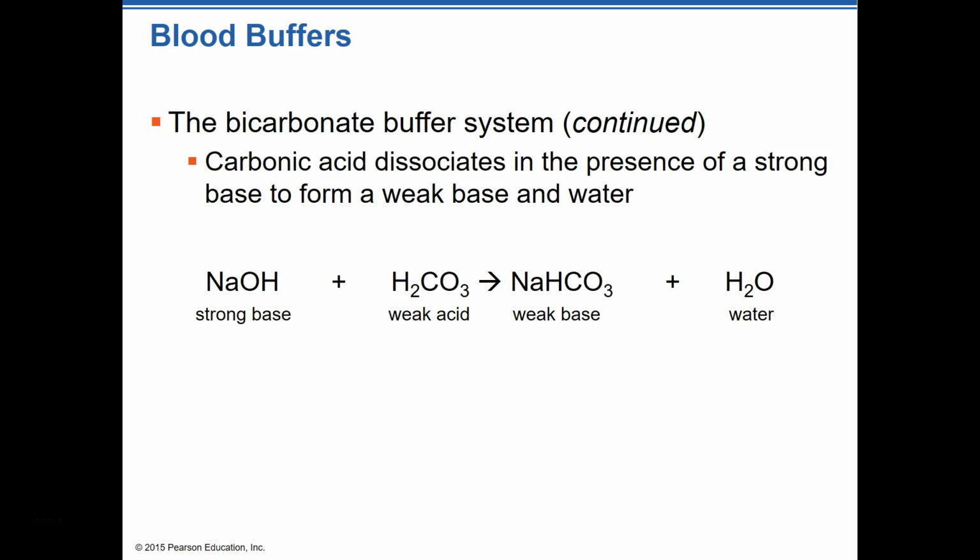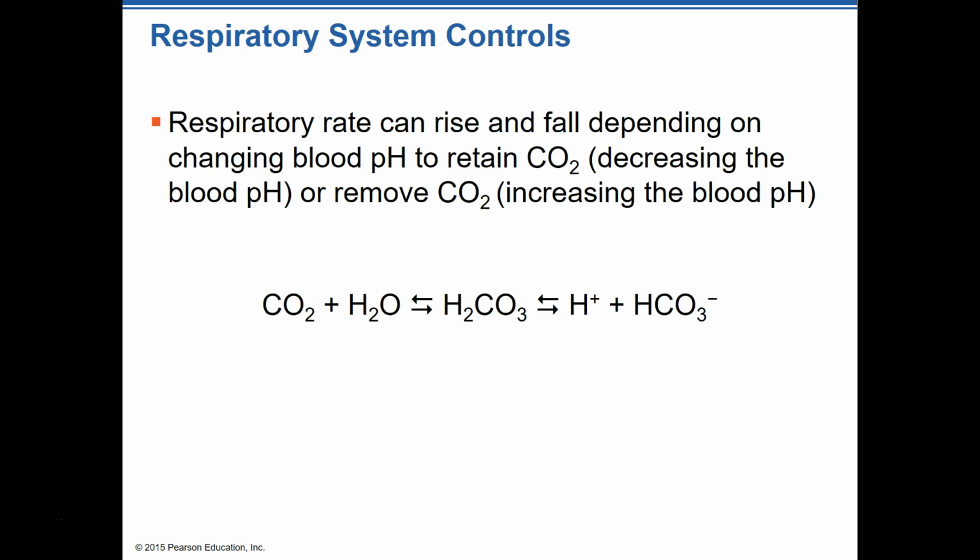So the reverse is also true. If we have a strong base, we'll take that bicarbonate, that weak acid that we've got, and we'll wind up with a weak base and some water. So it's just how things kind of play, that symbiotic play between the two in order to try to maintain normal pH levels. It's kind of what our body does.